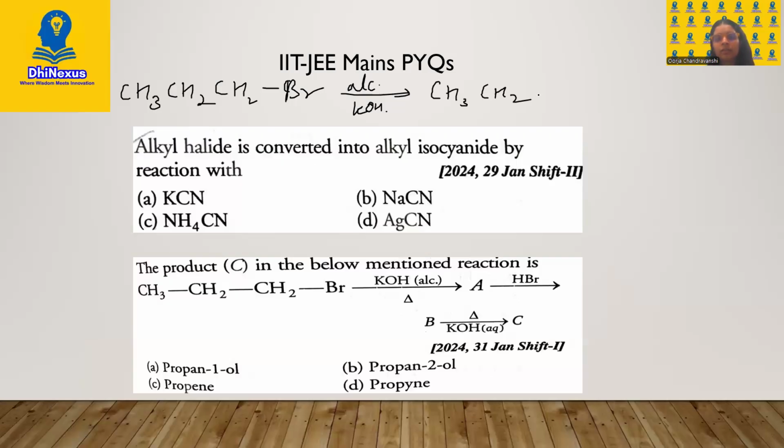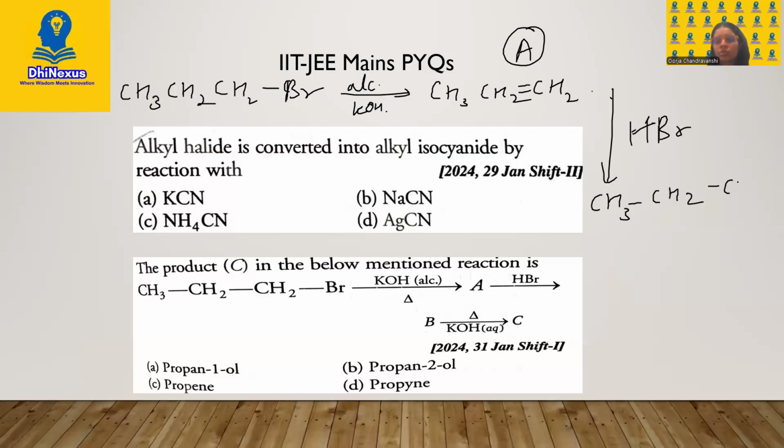I will be getting propene. This is an elimination reaction. This is my product A. Now it's reacted with HBr. In reaction with HBr, there is no peroxide, so it is going to follow Markovnikov's rule: CH3CHBrCH3, and I will get addition of a bromine.